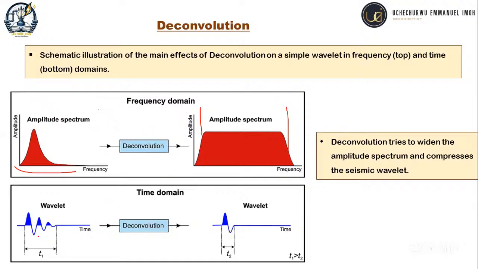In the time domain, what you have is a compression of your wavelets. Initially, if you look at your data in the time domain, you have like 3 wavelets, but when you do a deconvolution, they are compressed, looking more like 1 wavelet. So your data becomes sharper and the resolution improves.